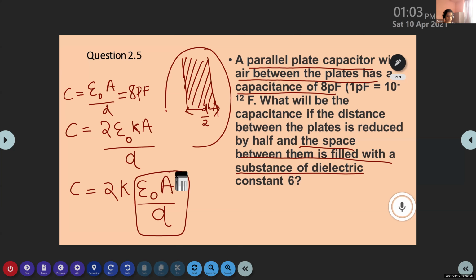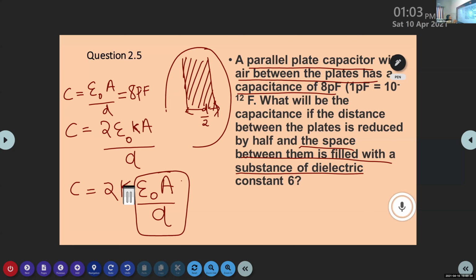And what does K in this equation represent? Dielectric constant. Yes, K is the dielectric constant, and its value is given in the question as 6.